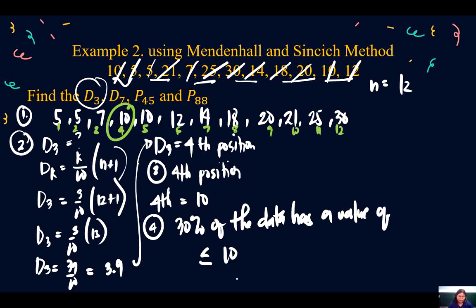Okay? It means that the value of the data of the 30% of respondents out of the entire group of respondents, their score is less than or equal to 10.